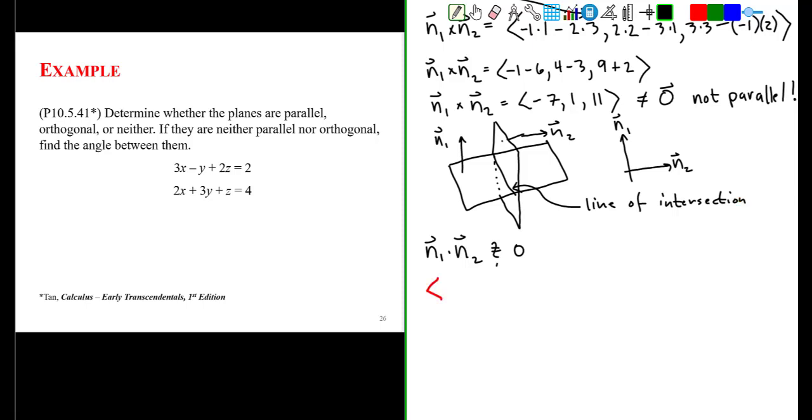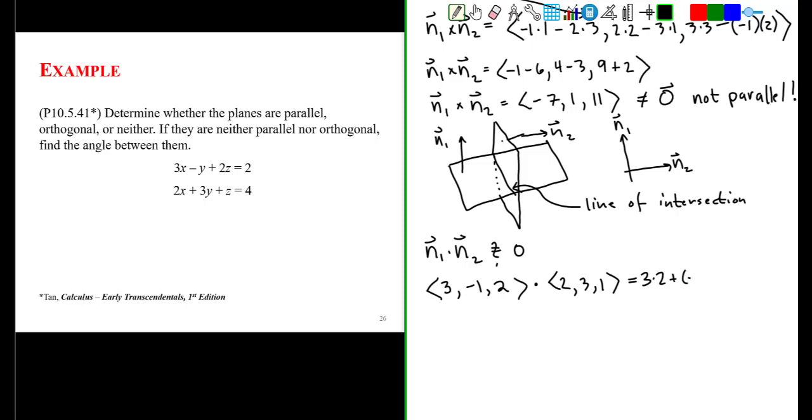The first normal vector has components 3, minus 1, and 2. And we're going to dot that first normal vector with the second normal vector that has components 2, 3, and 1. When we evaluate the dot product, that is going to be the sum of the products of the components. So the product of the x component is 3 times 2.